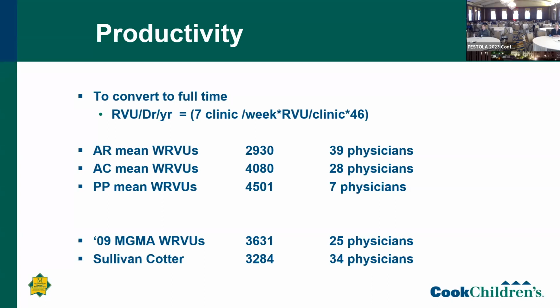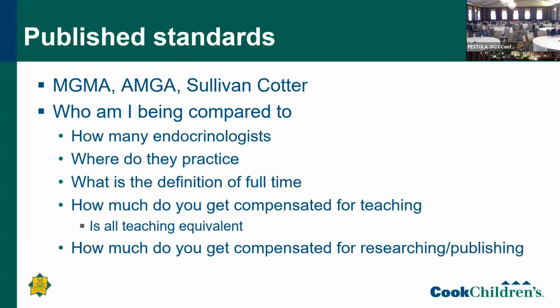Which one do you compare yourself to? And that's the whole thing about the published standards. There are tons of published standards: MGMA, AMGA, the AAAP, Sullivan-Cotter. And the question is, who am I being compared to? How many endocrinologists are in the survey? Where do they practice? What's the definition of full-time?